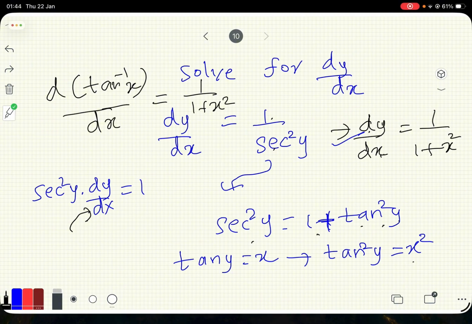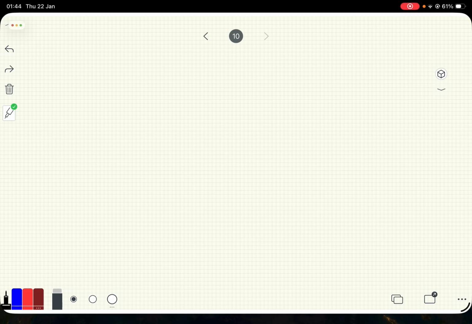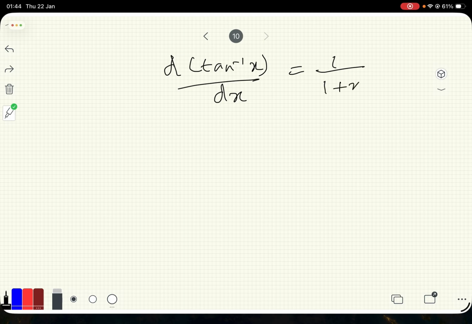Is that clear? Now students, we know the idea: the derivative of tan inverse x with respect to x is equal to 1 over 1 plus x squared.